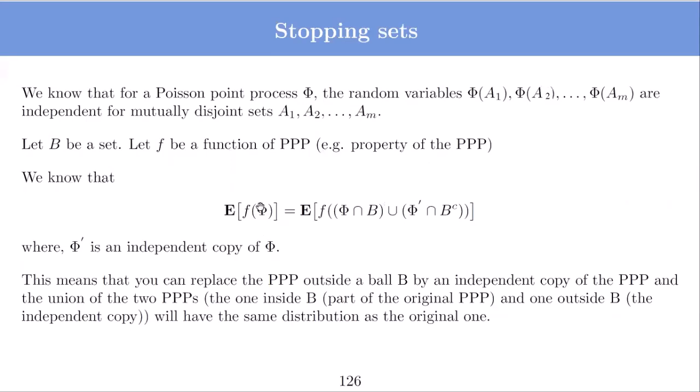So we know that the expectation of F of the PPP is equal to the expectation of F of another derived point process, which is constructed in the following way.